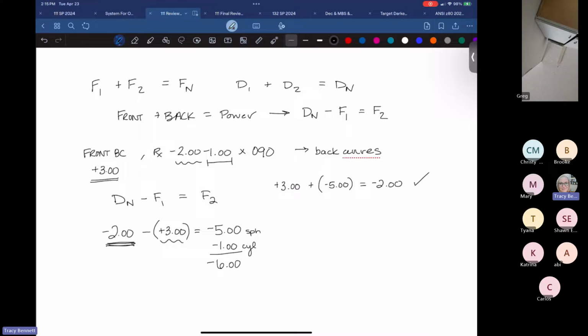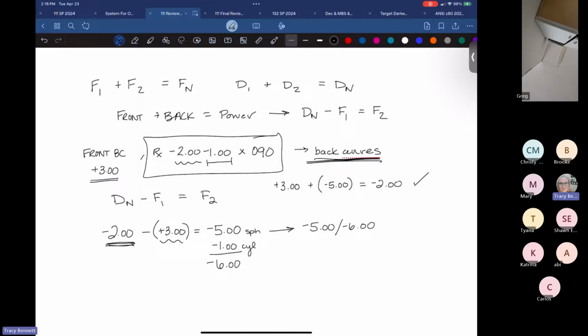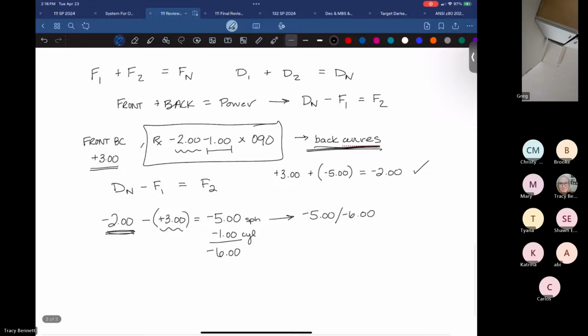Okay. And remember, we're solving for back curves, so the numbers are going to be a little bit weird. So we can translate that to, I need a -5 in one meridian, and I need a -6 in the other meridian to create this -2, -1 at axis 90.